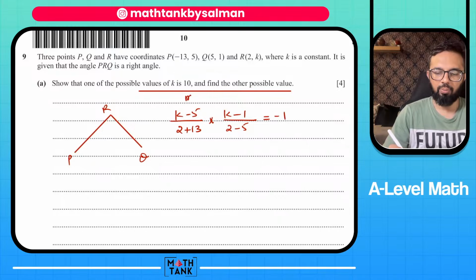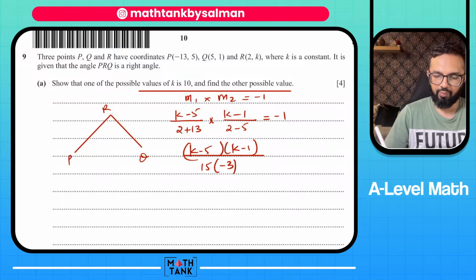Okay, m1 into m2 equals -1, like you do in perpendicular lines. So (k minus 5) times (k minus 1), 15 times -3, (k minus 5)(k minus 1) equals 45.